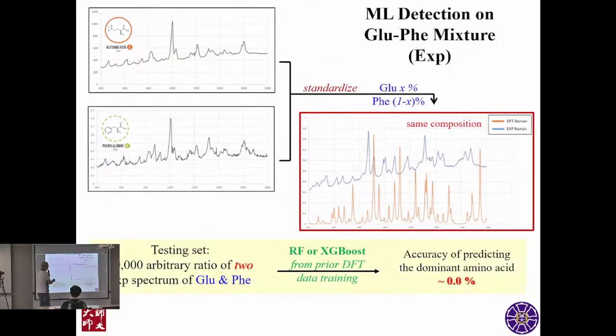The next stage is we do the same training with experimental spectra. This is our experimental spectrum from my colleague, the real spectrum. They purchase pure samples of the amino acids, make the sample on a substrate, and synthesize an amorphous solid film of that amino acid under a certain level of dry condition.